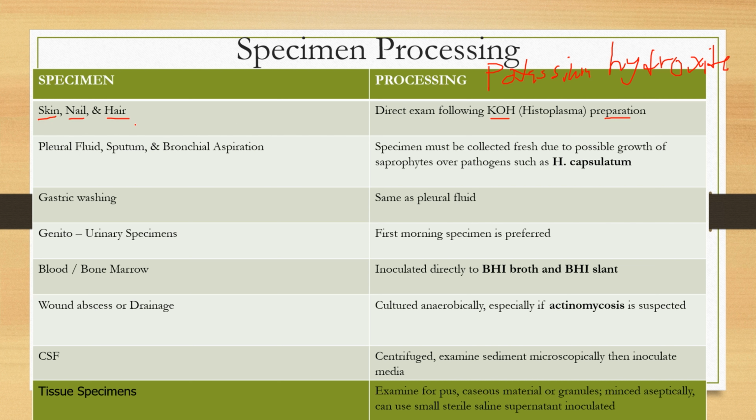So before I answer pala, I have a question. Anyone could answer. Skin, nail, and hair, the three of them, itong tatlong to, what do they contain that are similar among the three? Ulitin ko. Among skin, nail, and hair, what do they contain that is similar among the three?